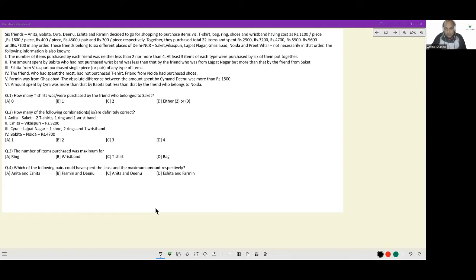So for price wise, we have t-shirt, we have bag, we have ring, and shoes and wristband.